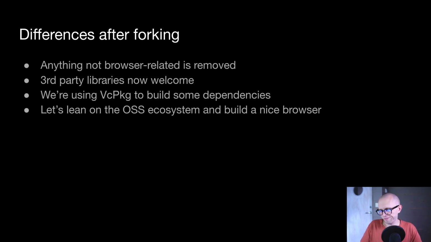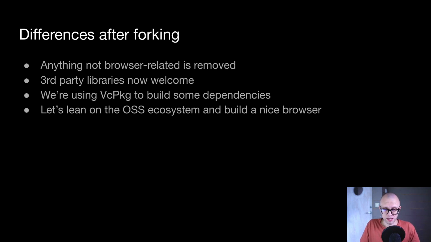And it's still something that we're figuring out, like what are things that we want to do ourselves versus things that we want to bring in from the outside. But I'll get to some examples of what we've been doing.